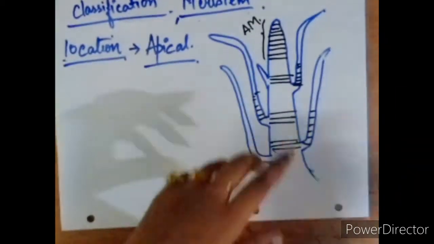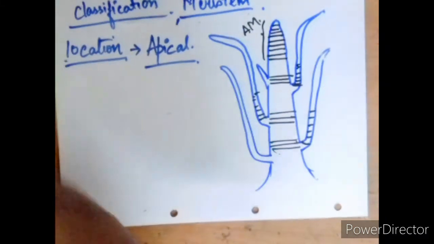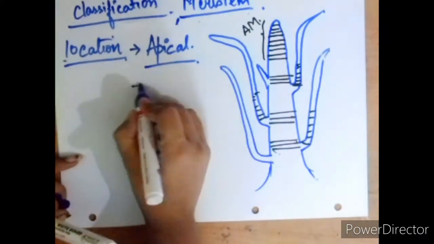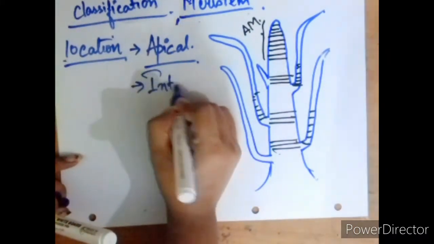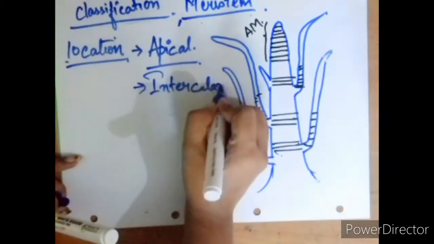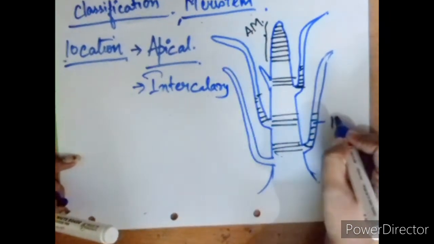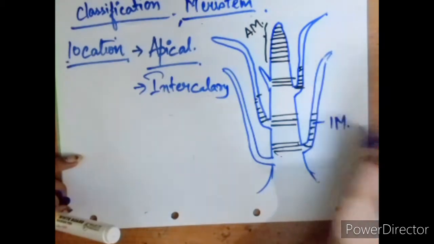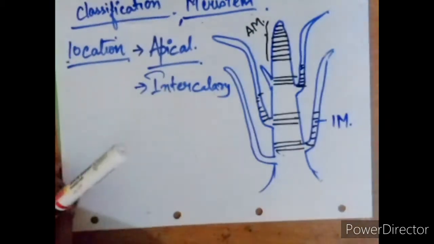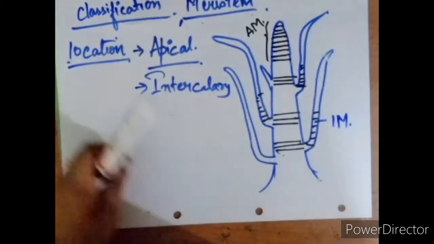Apical meristem and intercalary meristem both share the same function. But what happens?